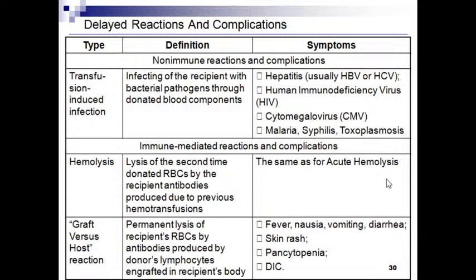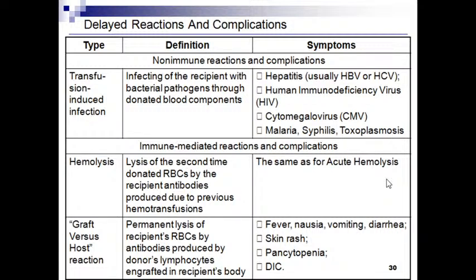Immune-mediated reactions and complications. And last type of the reaction, graft versus host reaction. I mean, permanent lysis of recipient's RBCs by antibodies produced by donor lymphocytes engrafted in the recipient's body during prior hemotransfusion.